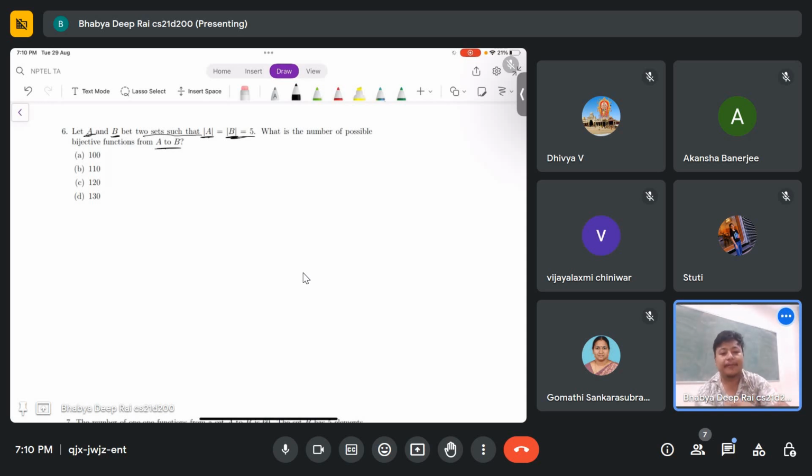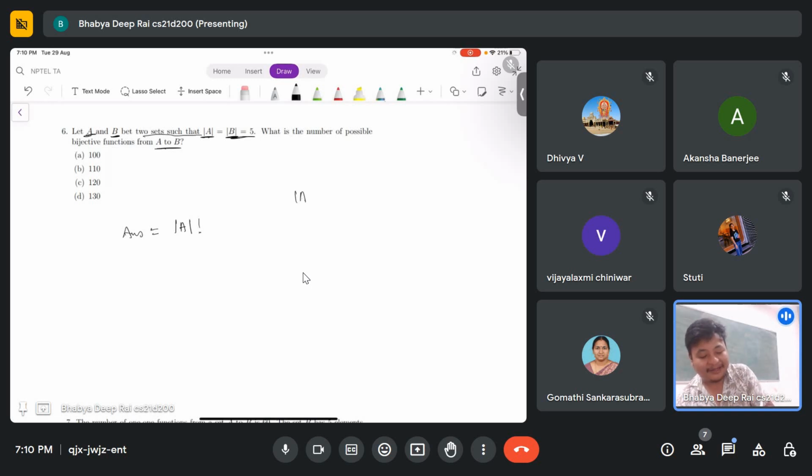Everyone else? Okay, so see the answer. The number of possible bijective functions, given two equal cardinality sets, is the cardinality factorial.